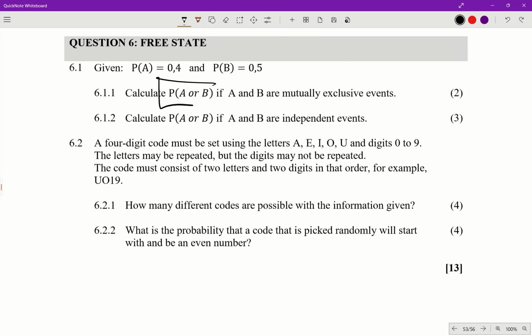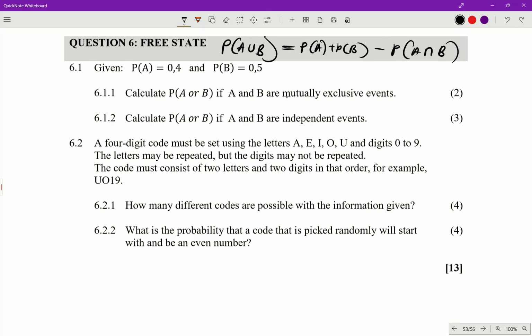Since we are looking for the probability of A or B, the union, you can write it like that, or like that. It equals the probability of A plus the probability of B minus the probability of A and B.